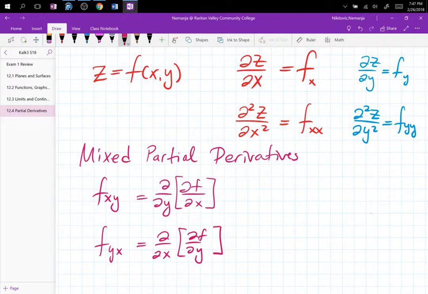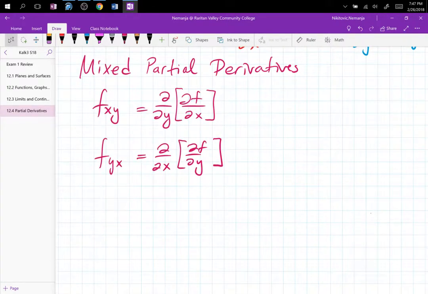Now let's try a problem from mixed partial derivatives. So find, I said switch the color, there we go.